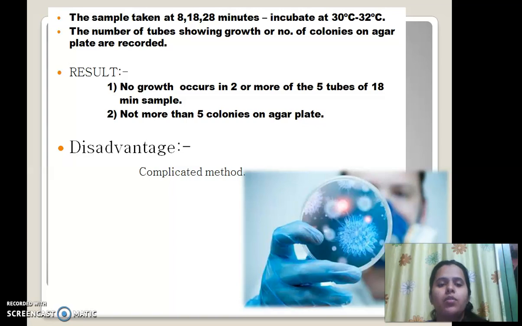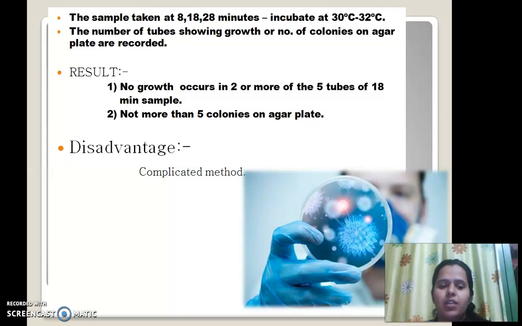If no growth occurs in 2 or more of the 5 tubes of the 18 minute sample and there are no more than 5 colonies on the agar plate, the disinfectant passes.